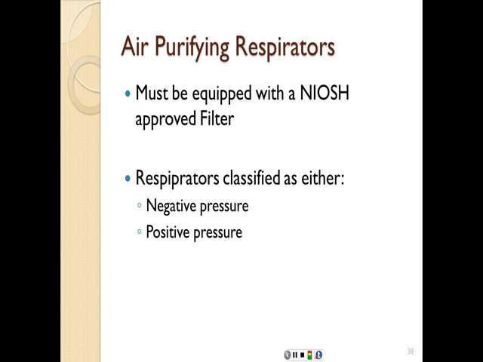In this case, the respirators are classified as either negative pressure or positive pressure. Positive pressure keeps the pressure inside the respirator higher than the pressure on the outside, so that the gas would not penetrate. Negative pressure does the opposite, attracting the gas and then purifying it through the filter.